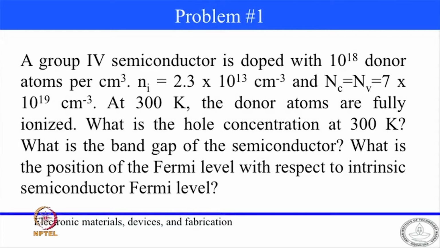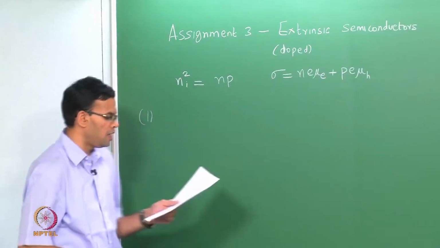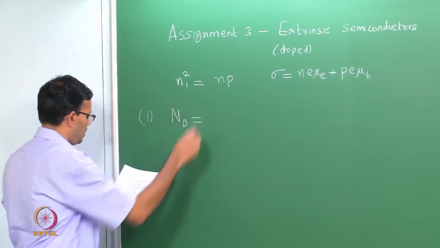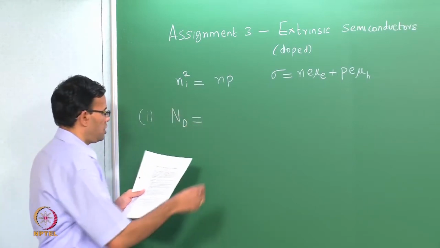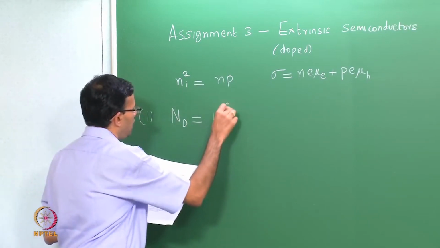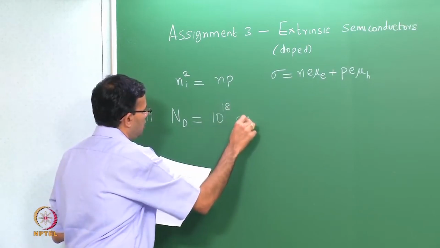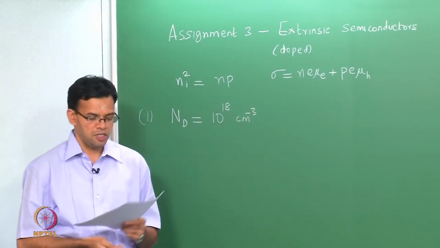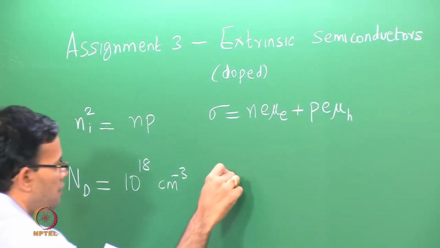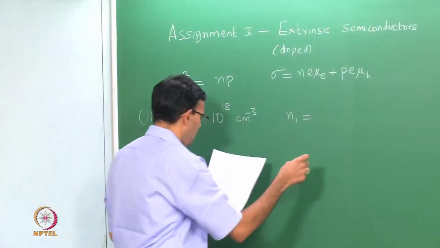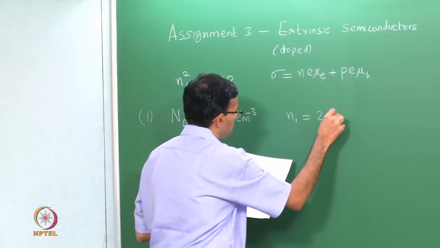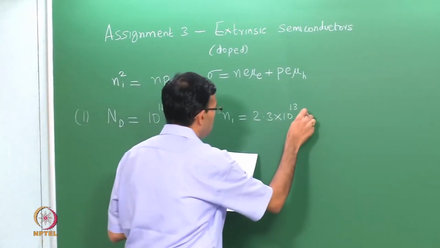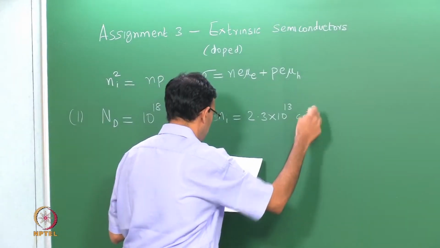We have a group 4 semiconductor doped with donor atoms Nd. The donor atom concentration is 10 to the 18 per centimeter cube. The intrinsic carrier concentration ni is given as 2.3 times 10 to the 13 per centimeter cube.